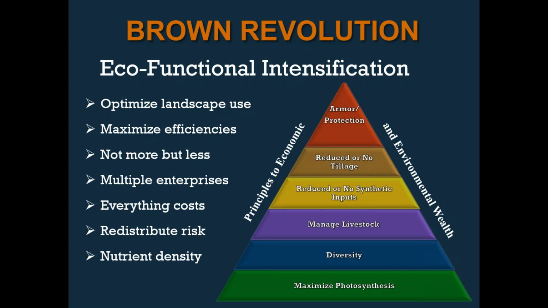And when we're looking at eco-functional design, it's looking at how we can best optimize various places within our landscape, not just for cropping systems, but also for cover cropping and grazing. So you may have areas in your fields that have a little bit more moisture or a little bit less moisture.